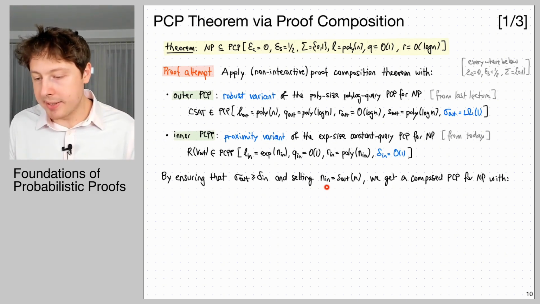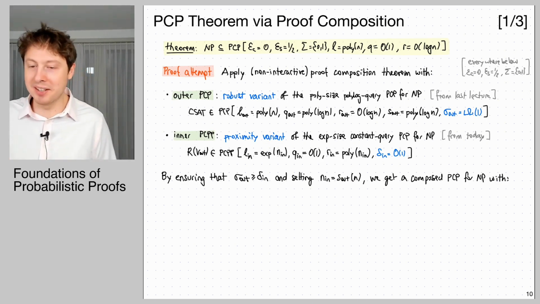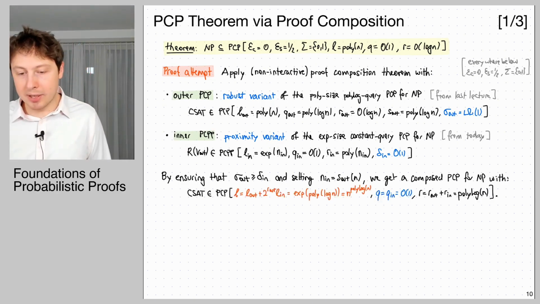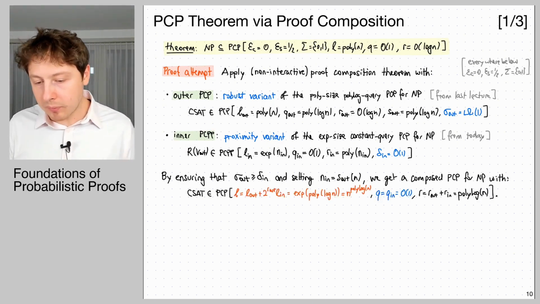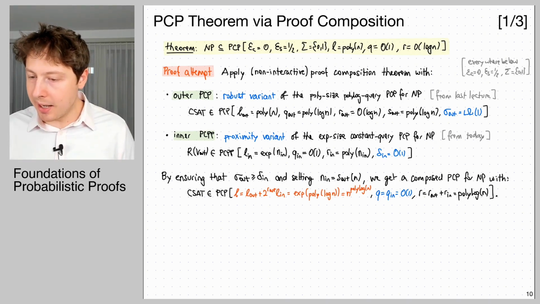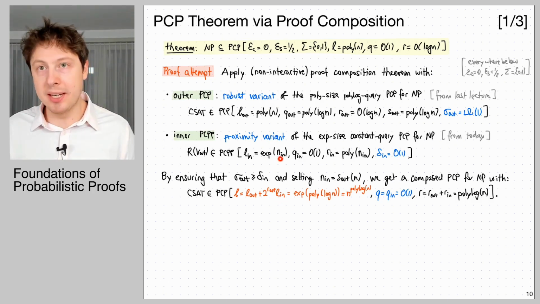Now we're going to set the size of the inner thing as determined by the relation of the outer verifier. And we're going to get a PCP whose length is the outer one plus 2 to the R_out times the inner one, because L_in is exponential in the state size of the outer one.